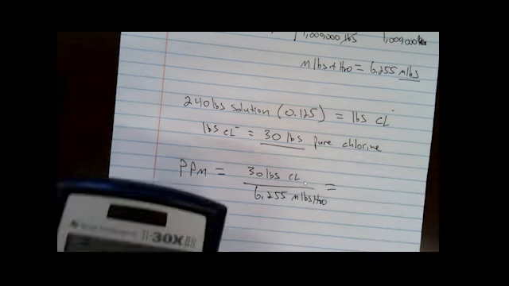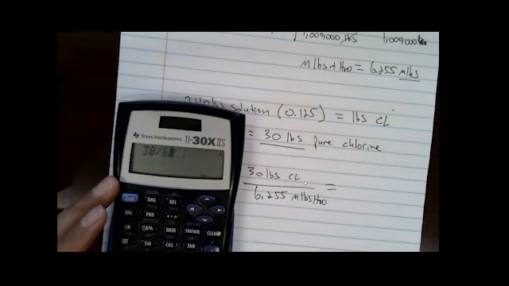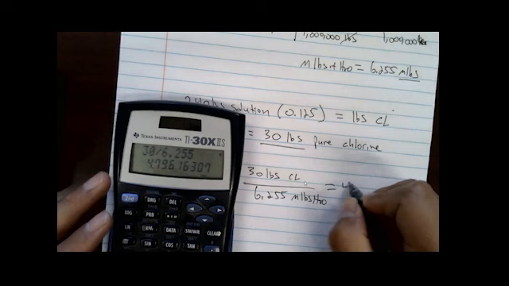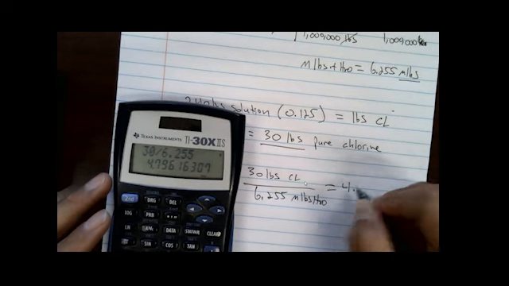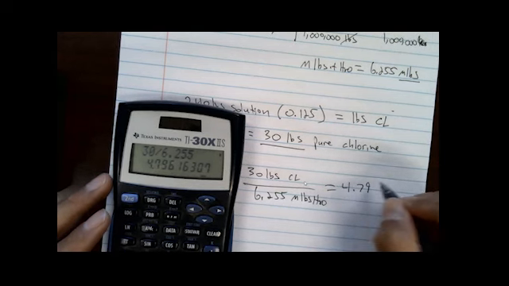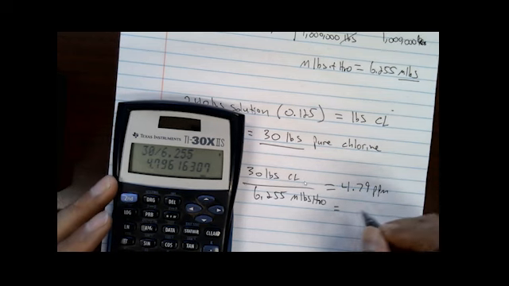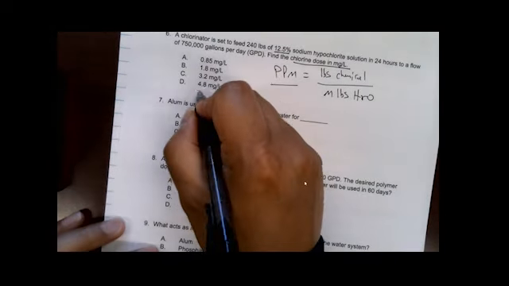Do some quick math. 30 divided by 6.255 is equal to 4.79 part per million, right? ppm. It's equal to 4.8 ppm when we round, right? So for this question, the correct answer is 4.8.